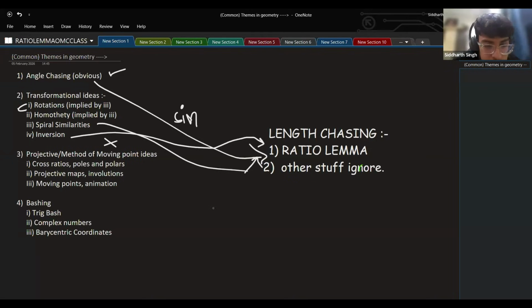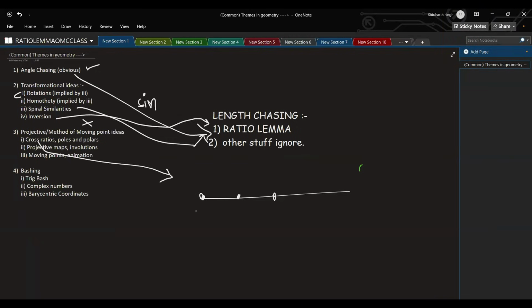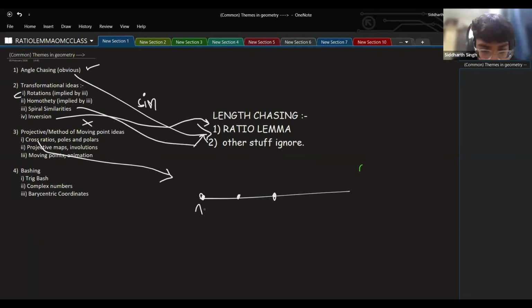First of all, look at cross ratios. Does anyone know what a cross ratio is? Anyone? Yes. Okay, nice.